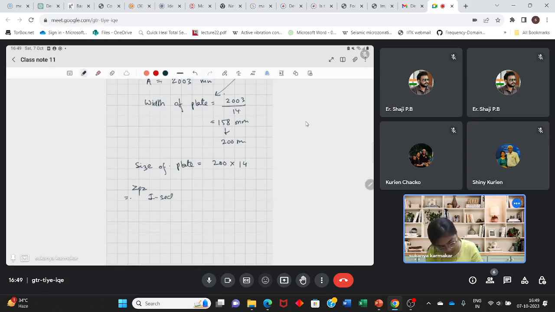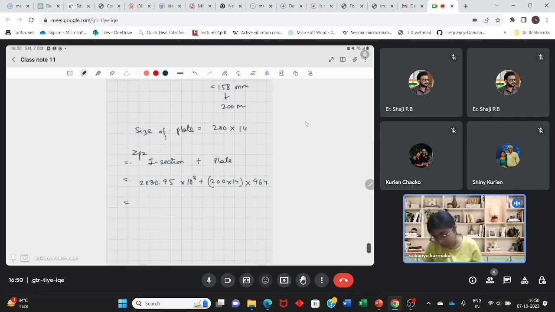Contribution from the I section is 0.0958 into 10 to the power 3, and from the plate it is basically area 200 into 14 into the centroidal distance, which is 464.